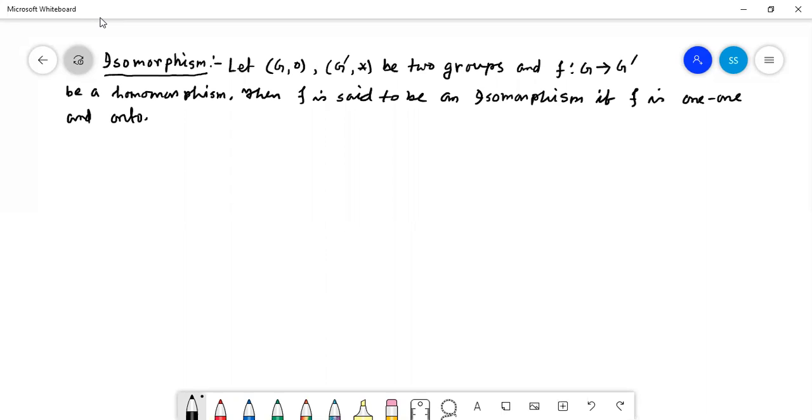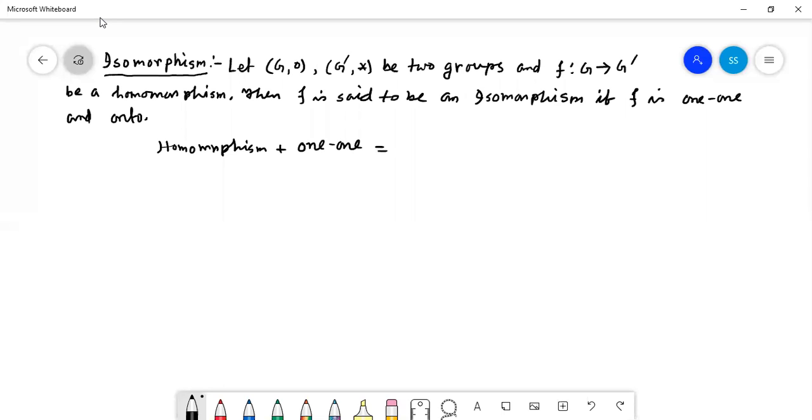Previous day we have learned something: homomorphism plus one-one. Then it was called what?